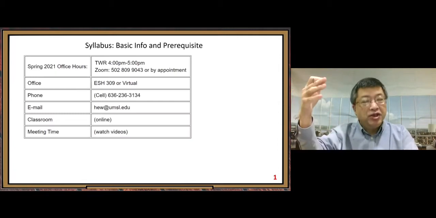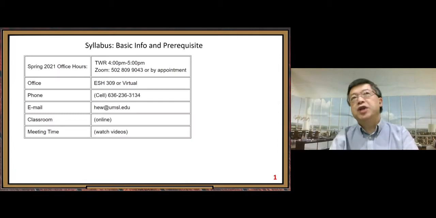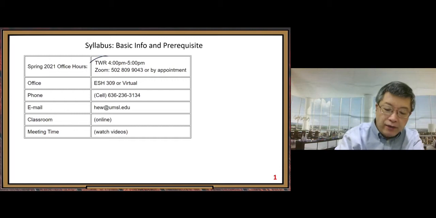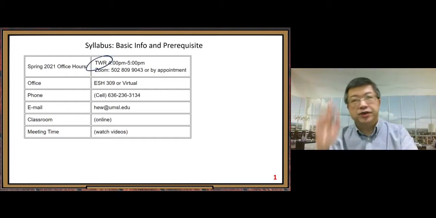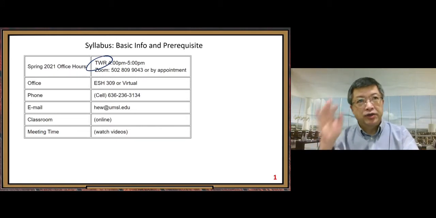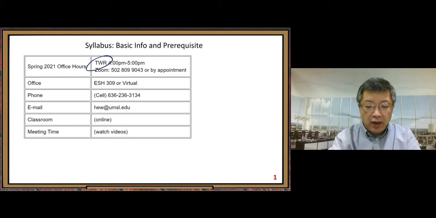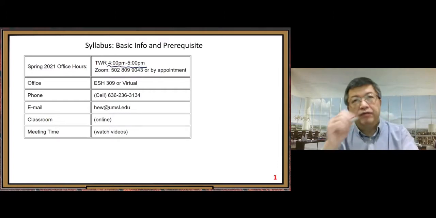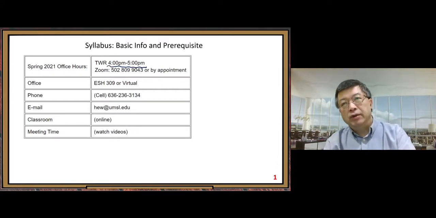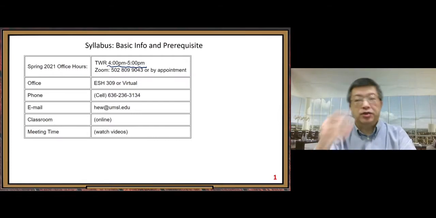For the basic information, first, the office hour. Each week, I give 3 days, Tuesday, Wednesday, Thursday. And in those 3 days, you have 1 hour from 4 to 5 p.m. office hour. Usually not many students came last semester.